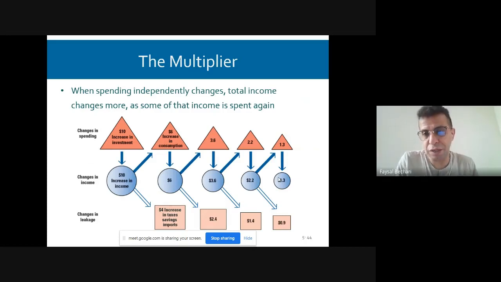Say, for example, I have $10 and I go and buy food with the $6. Out of this $10, I'm probably saving $3 in the bank, and $1 I'm paying in taxes. Then the person who got this $6 also goes and buys food and saves some of it, and also buys food with the $3, and it keeps going on, just like what's happening here in the multiplier.